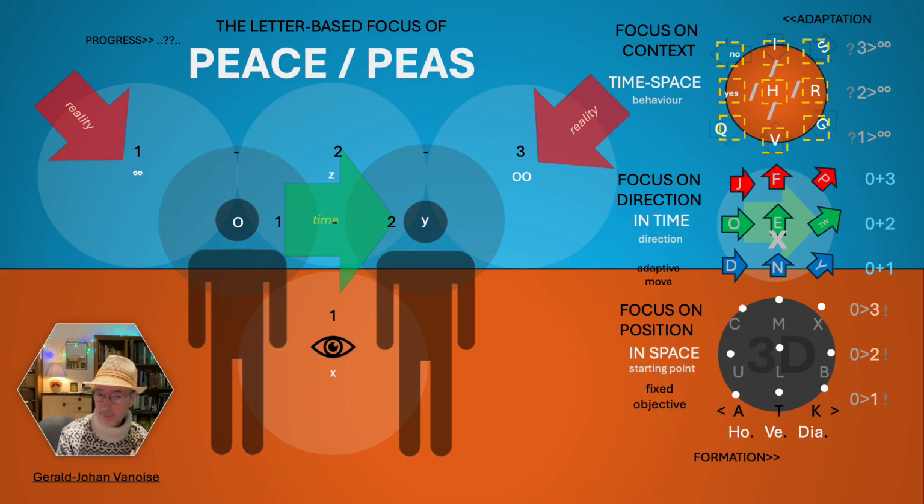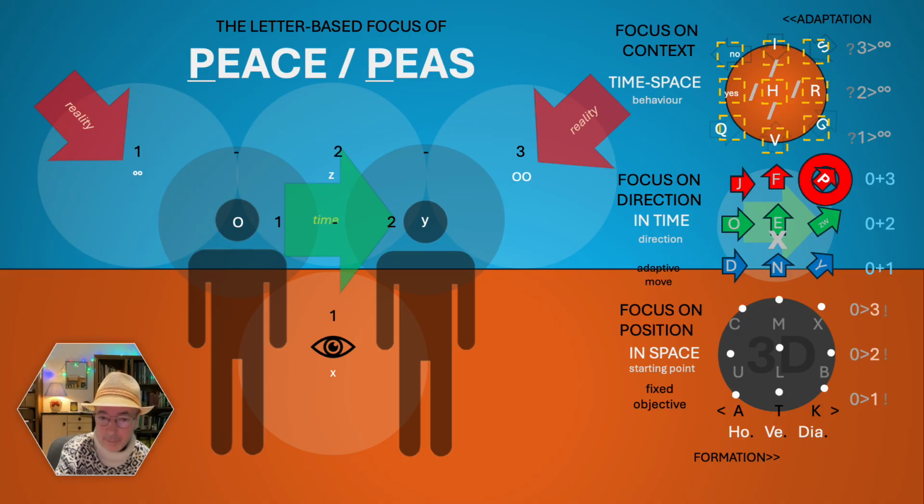And even though we do not use this very consciously, they work upon that kind of structure where you keep your focus, where you move your focus, or where your focus is really trying to measure that balance that it needs to figure out where the full picture is leading to. And that's how we describe words with these kind of letters, with these kind of focuses. So let's go to peace.